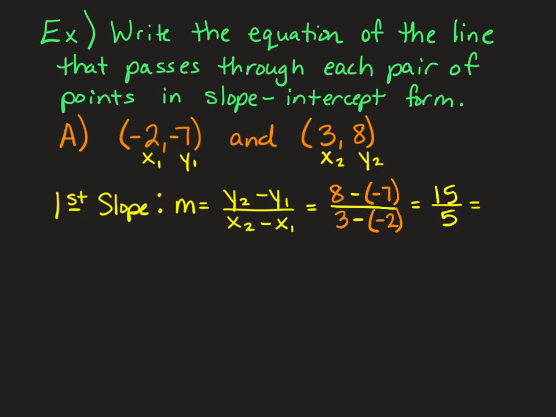And 15 over 5 reduces to 3. So we now know that the slope is 3.